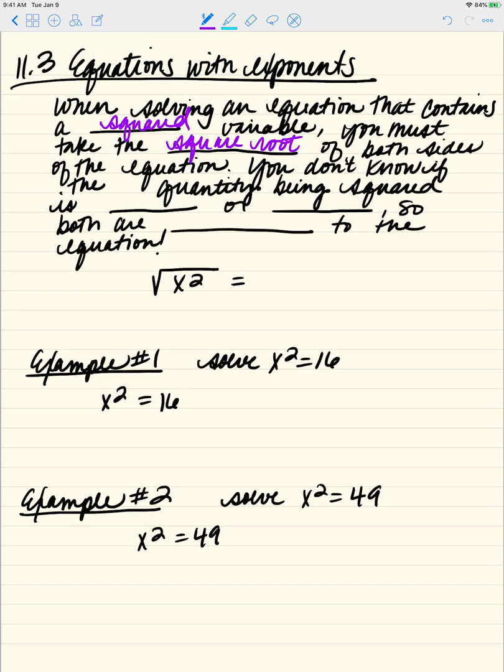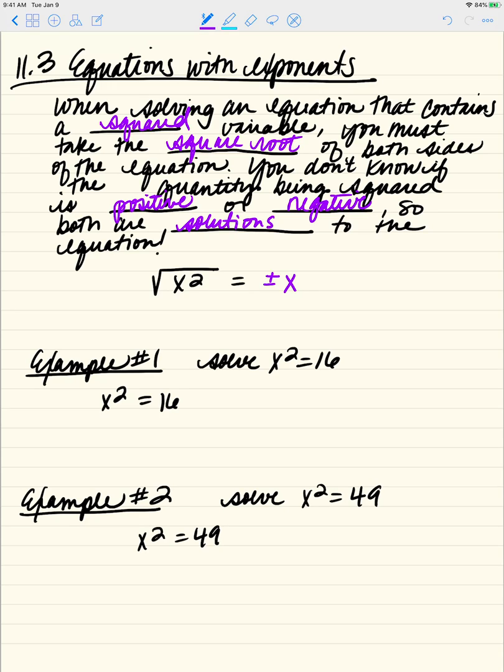You don't know if the quantity that is being squared is positive or negative. So both are possible solutions, or both are solutions to the equation. So if we're taking the square root of x squared, that could give us either plus or minus x.